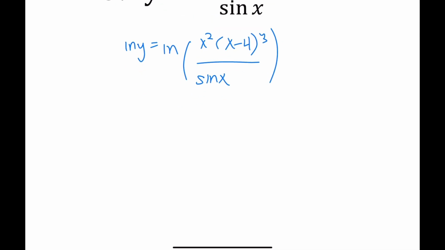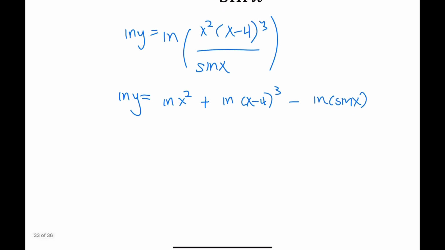Okay, and then ln y basically equals ln x squared plus ln (x minus 4) to the 1/3, and then minus ln sine x, right? So this means that we can do 1 over y, the derivative of ln y, dy over dx.